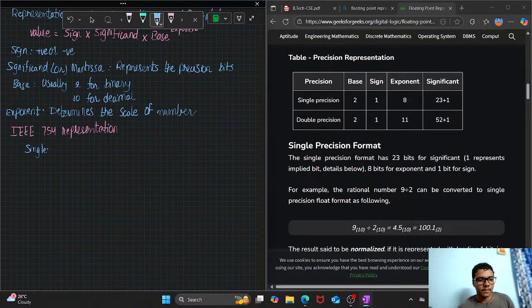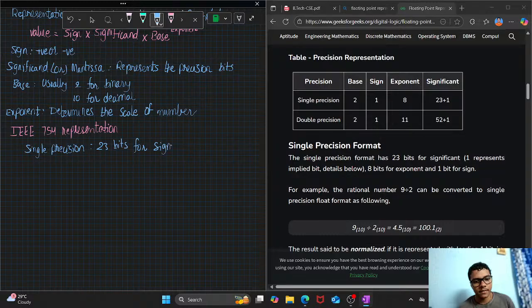So single precision is 32 bits, right? The base takes 2 bits. 23 bits for what?